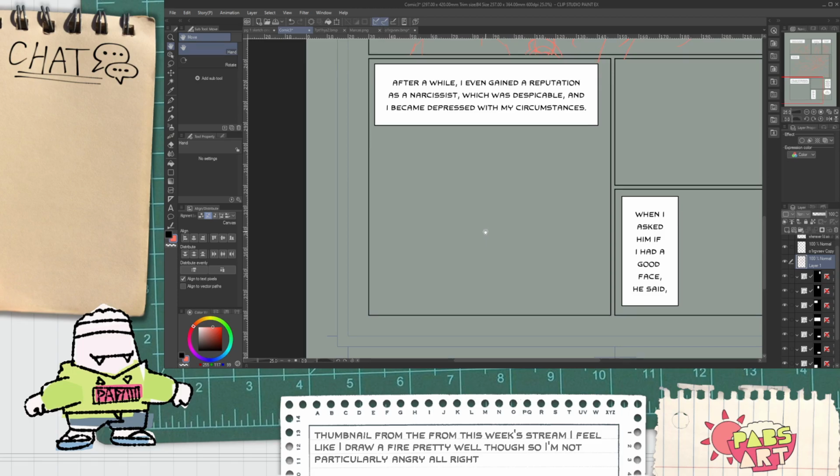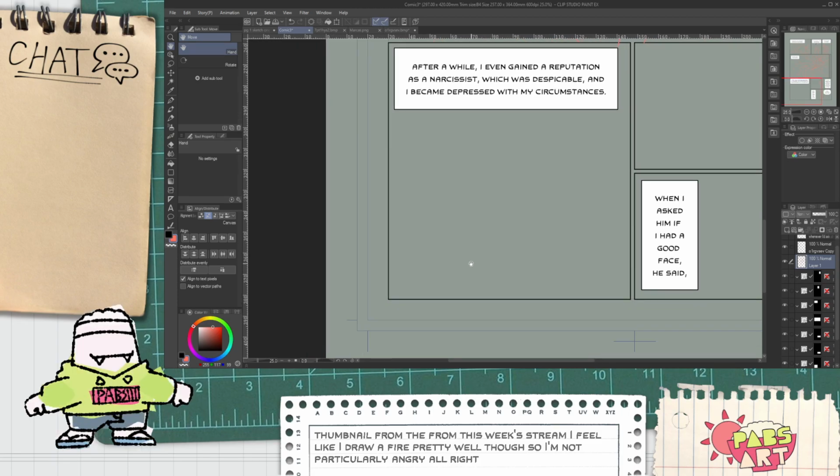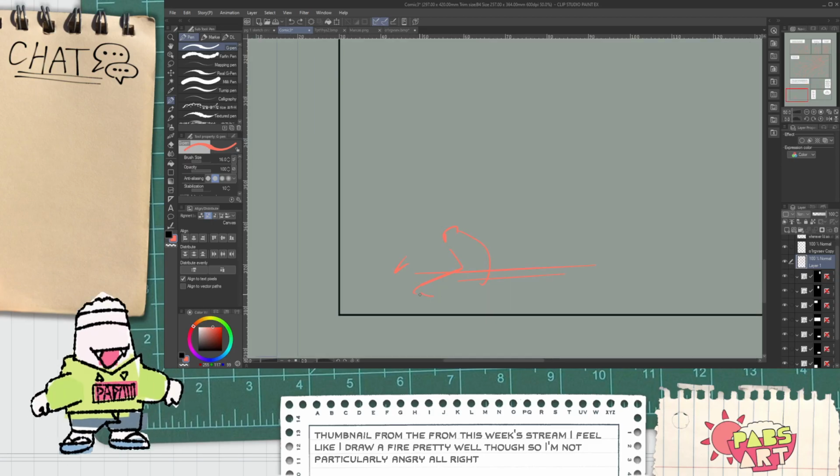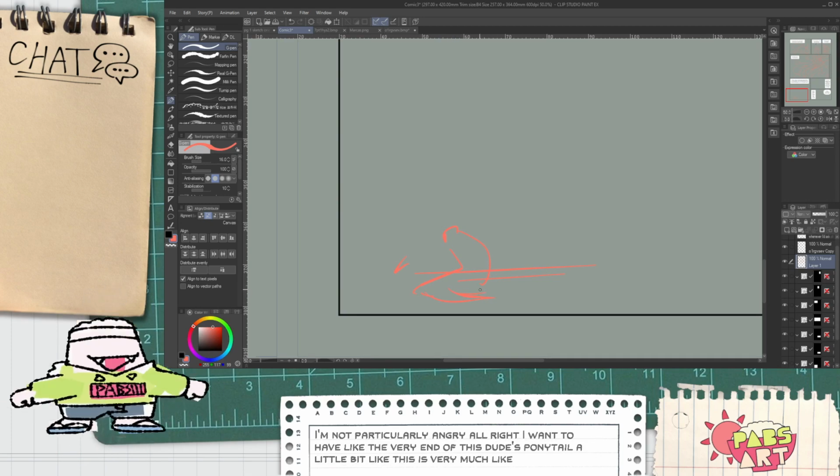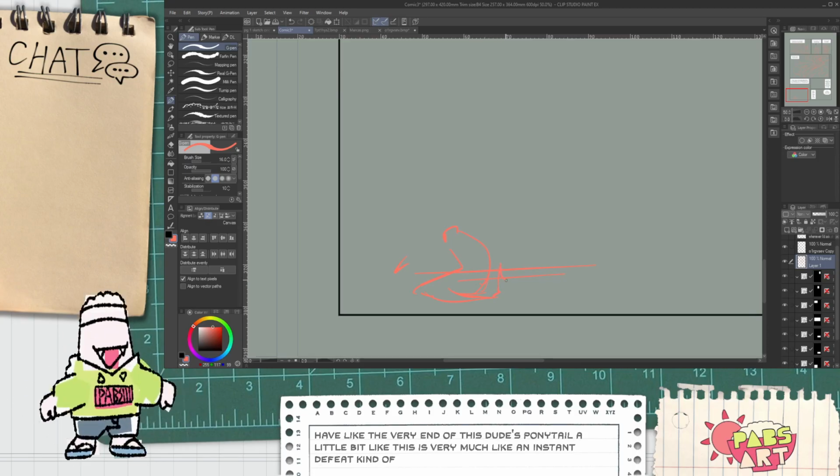All right. I want to have the very end of this dude's ponytail lit up in a wick. Like this is very much an instant defeat kind of situation for the other guy.